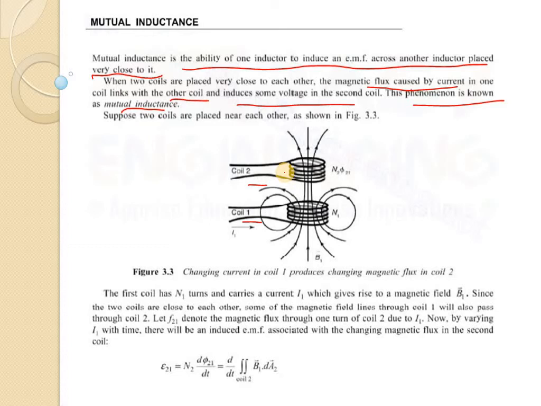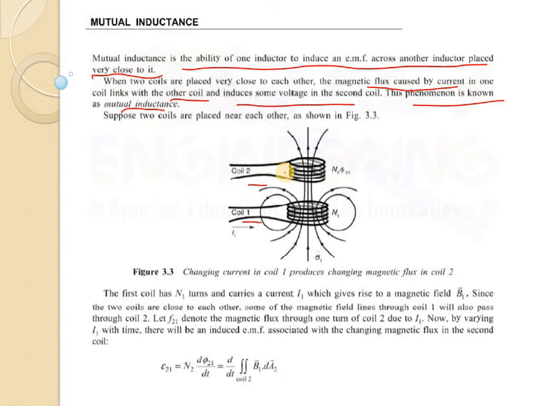So let us consider this diagram. The first coil has N1 turns and carries a current I1, which gives rise to a magnetic field B1. Since the two coils are close to each other, some of the magnetic field lines through coil 1 will also pass through coil 2.